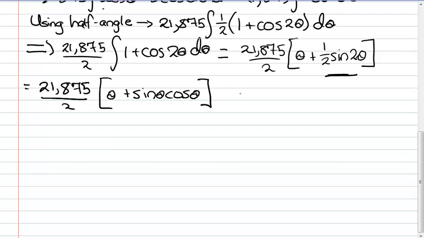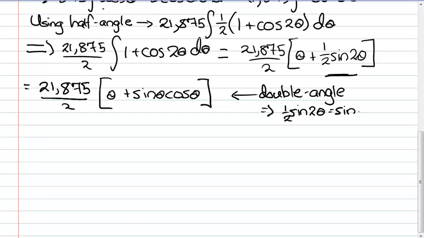And this was because of the double angle, which we know to be 1/2 sine 2 theta equals sine theta cosine theta. Remember this. It'll make your life a lot easier.